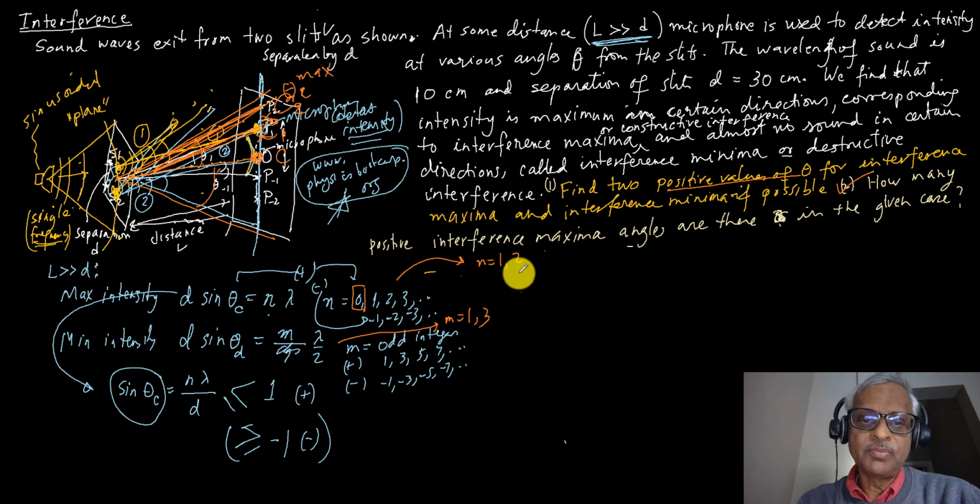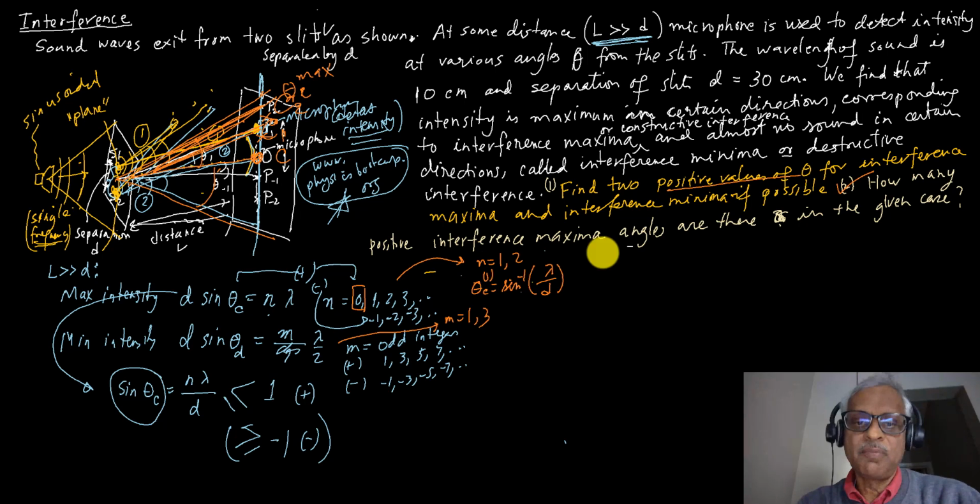So for the constructive, I get this: theta c will be arc sine inverse lambda over d for theta c 1, and theta c, the second one, will be arc sine inverse 2 lambda over d.